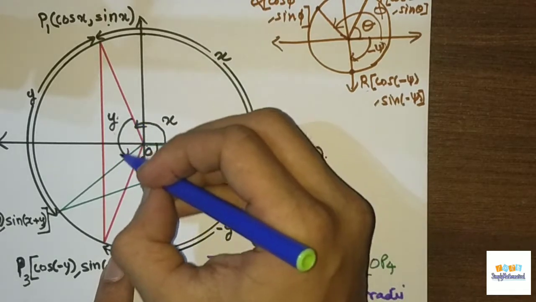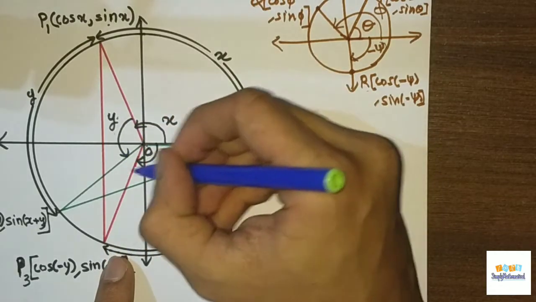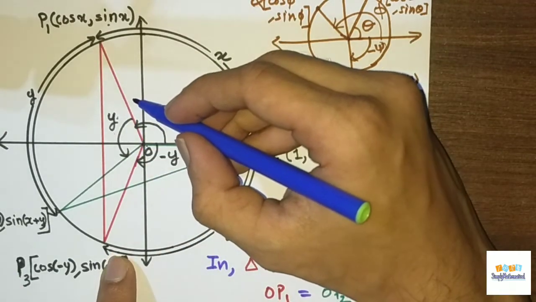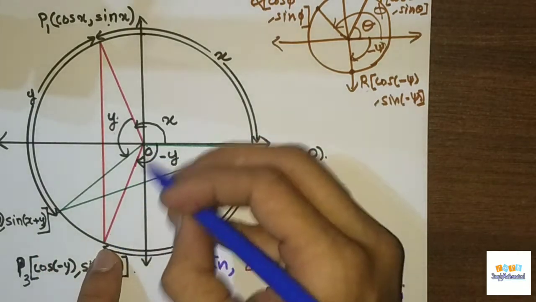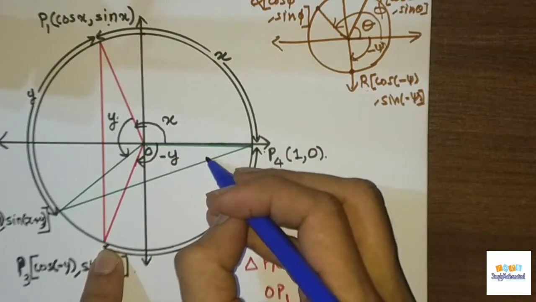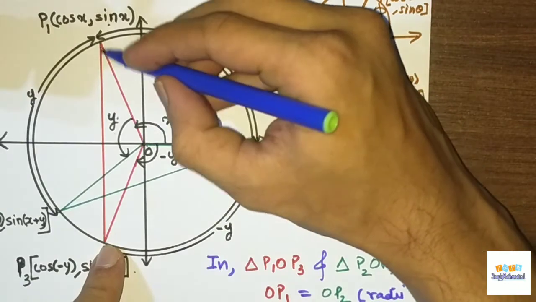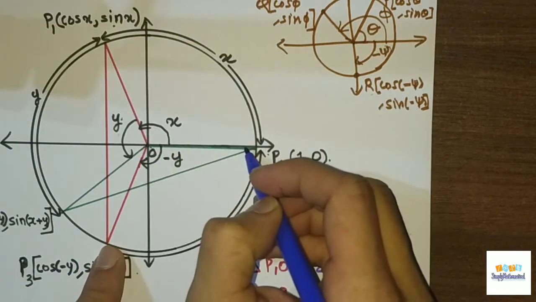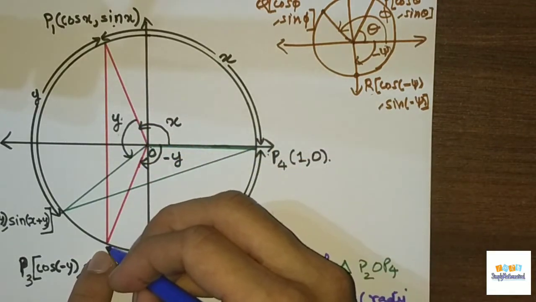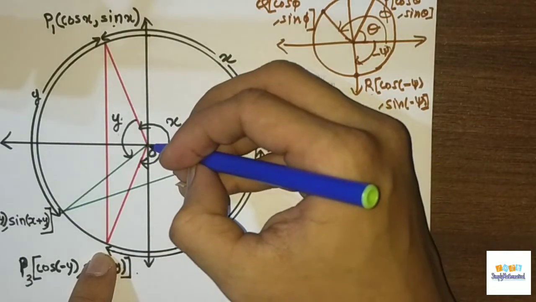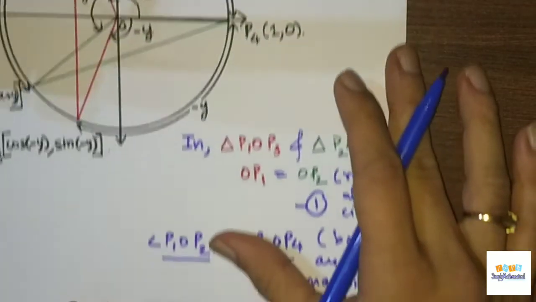Then again OP3 is equal to OP4, corresponding sides equal. So we have S, A, S, the SAS test.